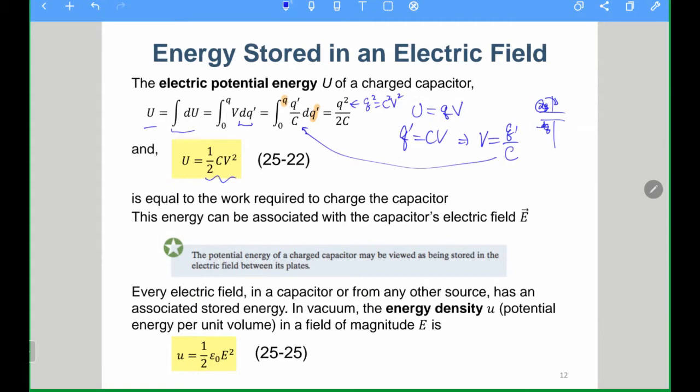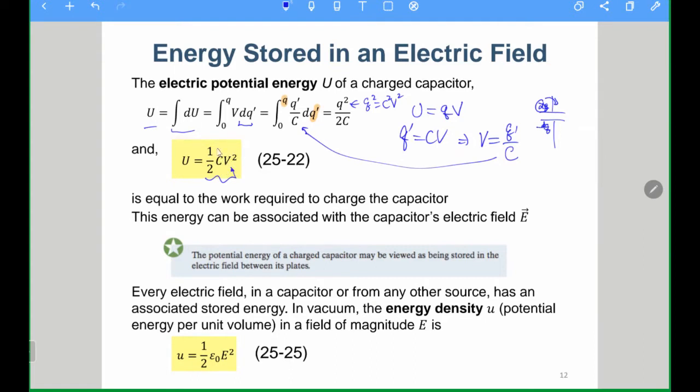So it becomes 1/2 CV squared, which means that if we charge a capacitor to a voltage, or potential difference V, then the energy is equal to 1/2 CV squared. If V is larger, the energy spent increases proportionally to the square of the voltage.